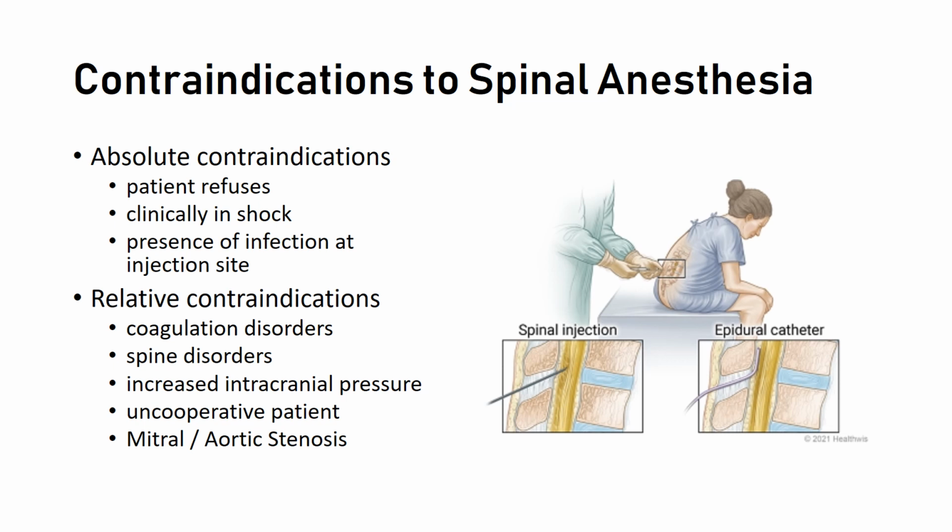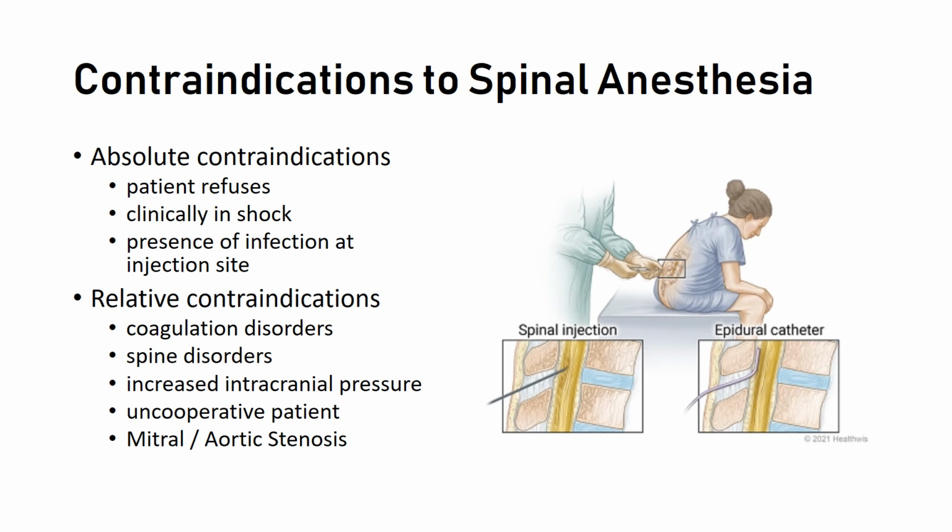Relative contraindications are coagulopathies, varying degrees, spine disorders, including post-surgical patients who have implanted material right in the area of the injection. Increased intracranial pressure is a relative contraindication for fear of herniation.